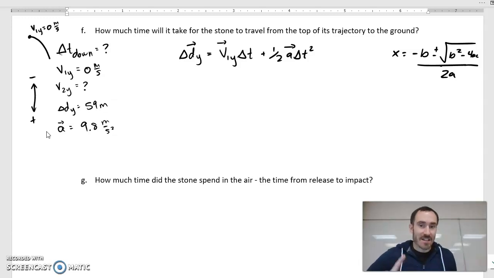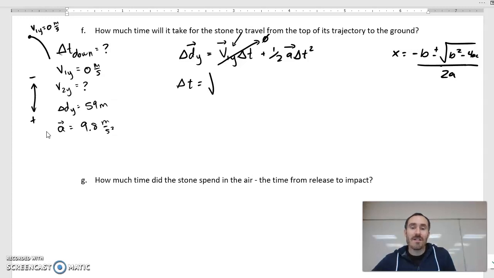However, in this case, and in most cases, in fact, when you're dealing with problems like this, the v1y over here, it's 0. And so that means that we can eliminate this entire piece of the equation, which means we don't have to use the quadratic formula to solve this thing. Ugh, relief! So, if I'm solving for time, I need to, first of all, multiply by 2, or divide by a half, same thing, and divide by a. So this is going to be 2 change in dy over a, all square rooted.